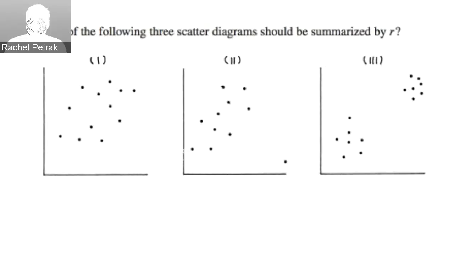We want to assess, based on the scatter diagram, whether or not we can use R. It's important to keep in mind that you can use R anytime you have variables that are both at an interval level and are normally distributed. Of course, in order for a variable to be normally distributed, it has to already be an interval variable, with an interval level of measurement or a ratio.